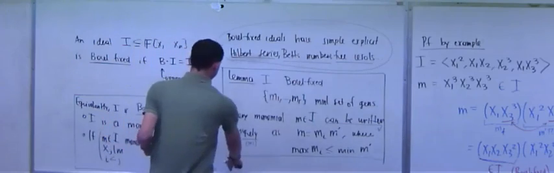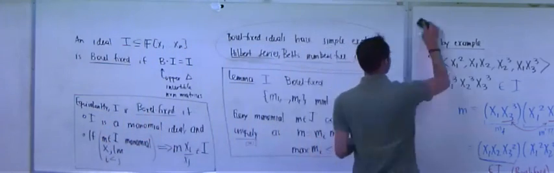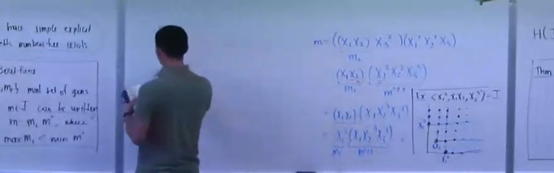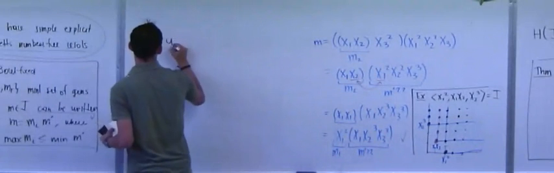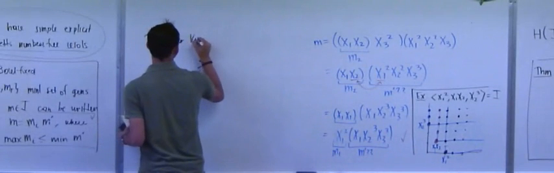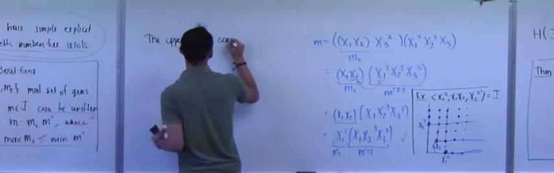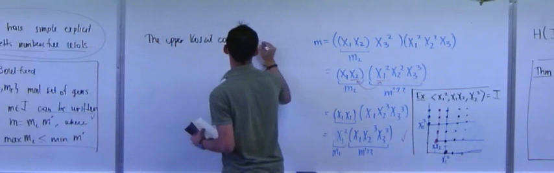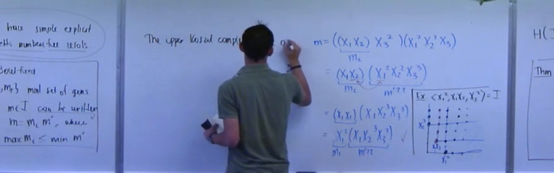And the nice fact about these guys, and it's kind of the underlying combinatorial fact that allows you to prove things, is that the upper Koszul complexes here, in this case, are shifted complexes.